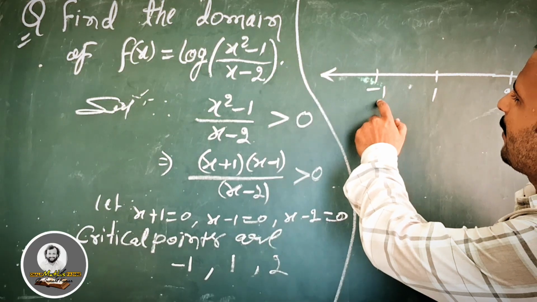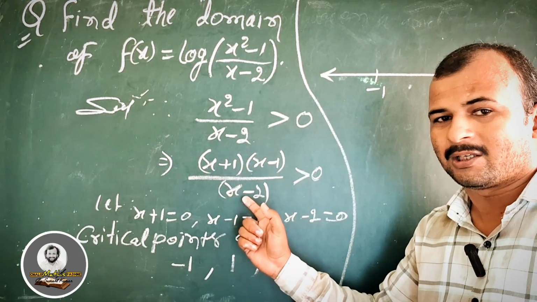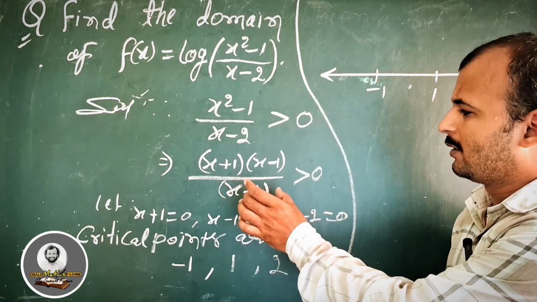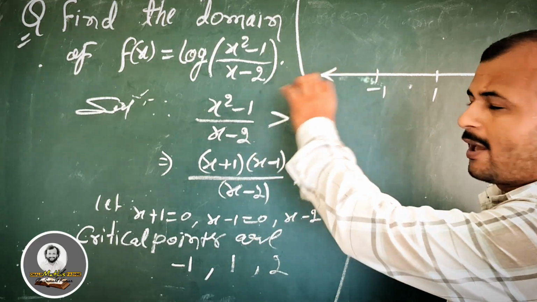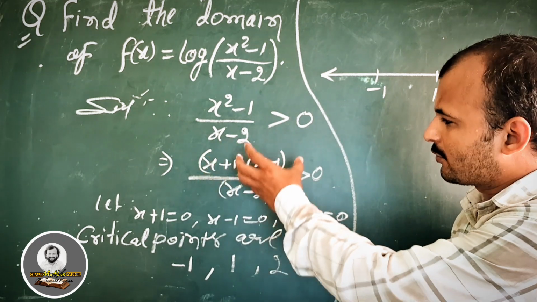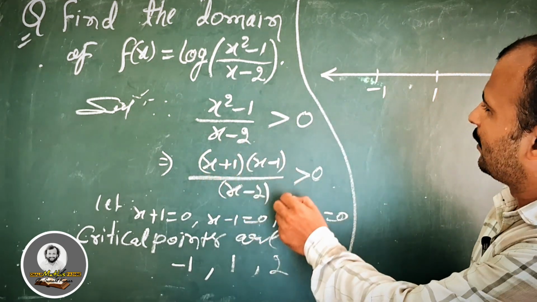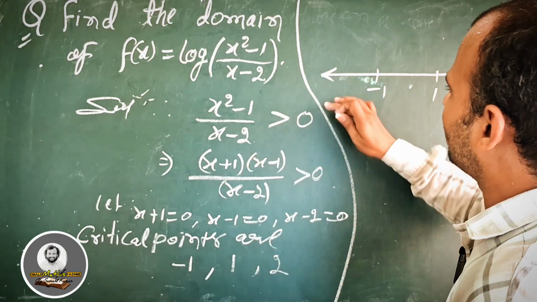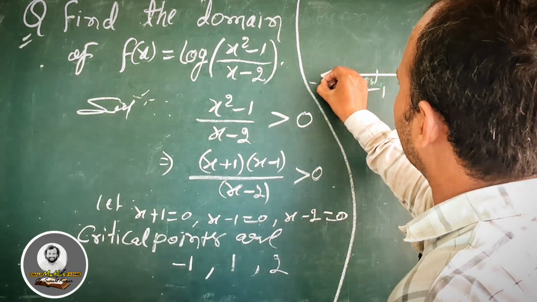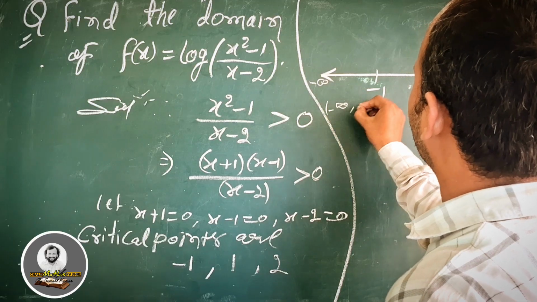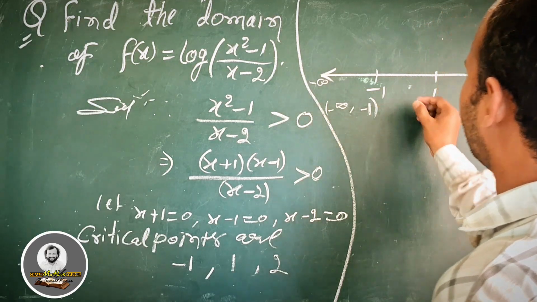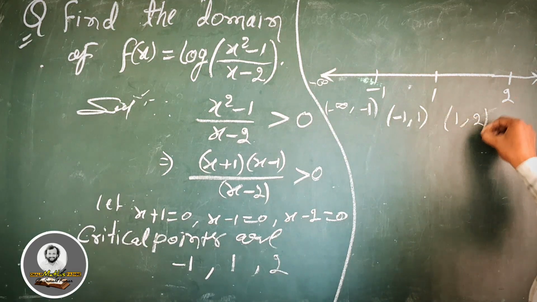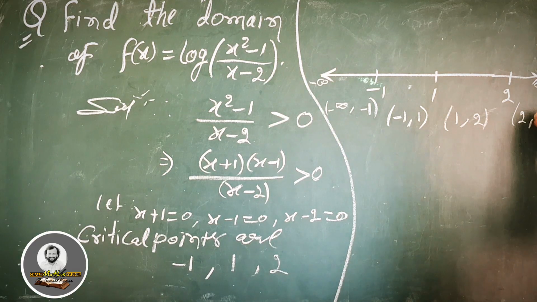If we put x = -2 in this inequality, will we get positive or negative? We should get positive, then those values will be the solution of this inequality. The intervals are: -infinity to -1, -1 to 1, 1 to 2, and 2 to infinity.